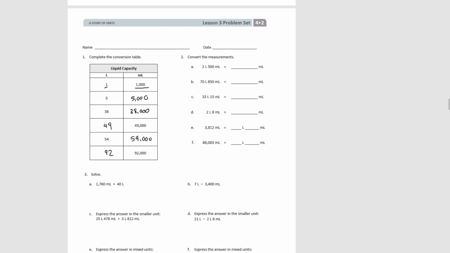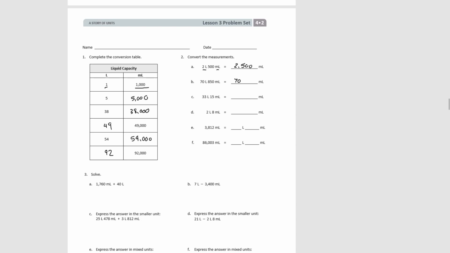In number 2, we're converting these mixed unit numbers into same unit numbers, and we're expressing them all in milliliters. So pause the video for a minute and do A through F. So A would be 2,500 milliliters.